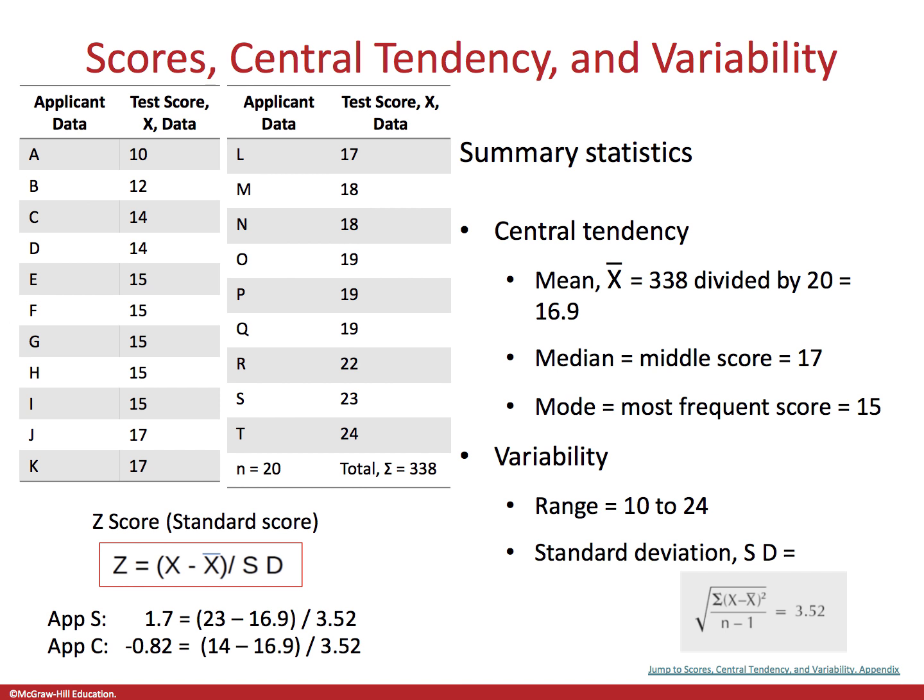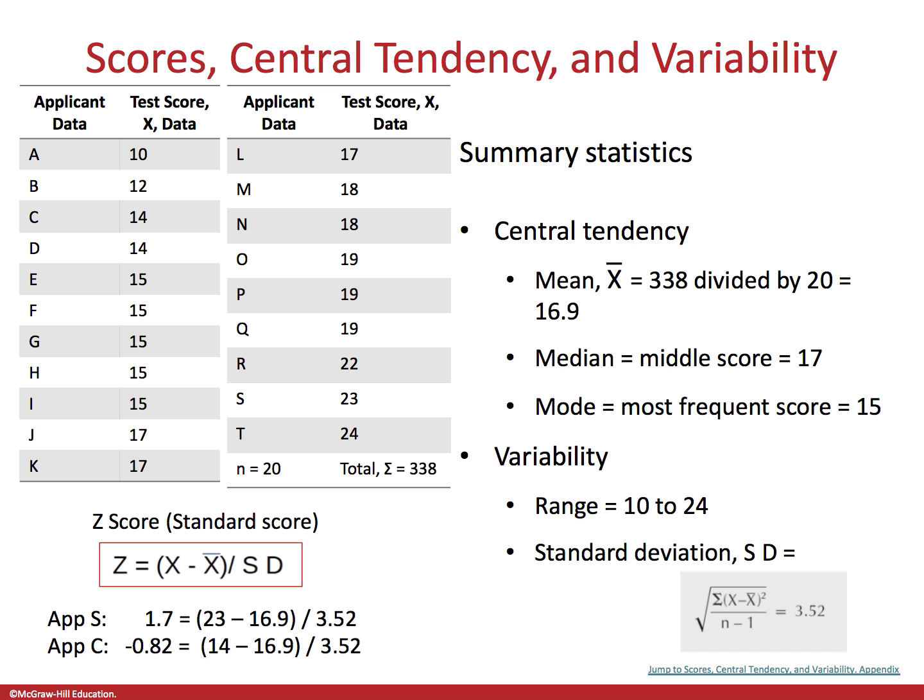Here are examples of the scores and their measurement using a data set. As you can see, central tendency is just figuring the averages, mean, median, and mode. Variability refers to the range of numbers from low to high. Standard deviation is simply a measure of how spread out the numbers are in the dataset. The standard score, or z-score, is a way to more easily compare the performance of different applicants on a test.